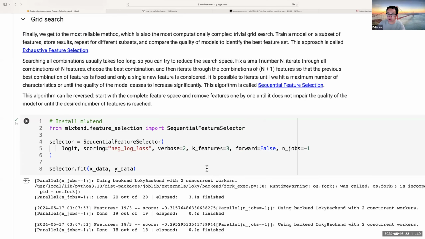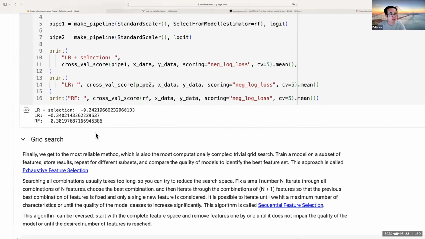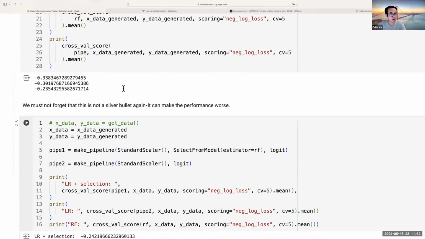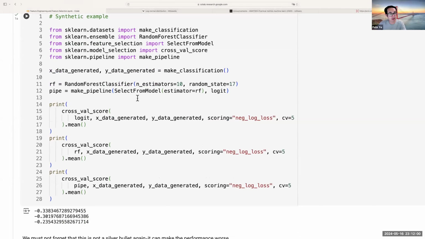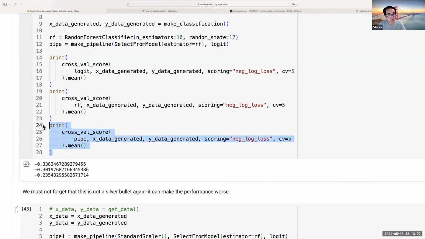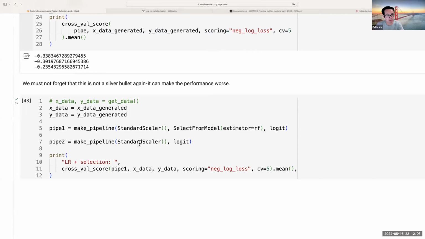Of course, the problem with sequential feature selection is that it is really expensive. That's why this one takes 6 seconds, which is the most time consuming one. On the other hand, this one and this one take less than 1 second. But in terms of results, this pipeline did reasonably well for both.